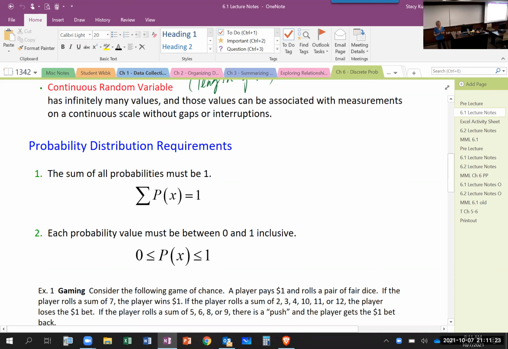So the probability of each individual component or outcome, I should say, has to be between 0 and 1, but it can be 0 and it can be 1. Again, is that any different from what we talked about as far as our rules for probability last week? It's the same rules. Okay, so this should be comforting to you. You're not learning anything new about probability. We are just framing it now in terms of a probability model, which you've already seen.